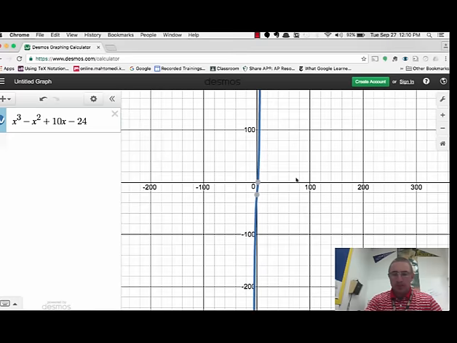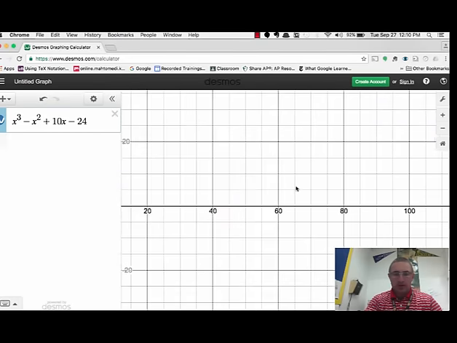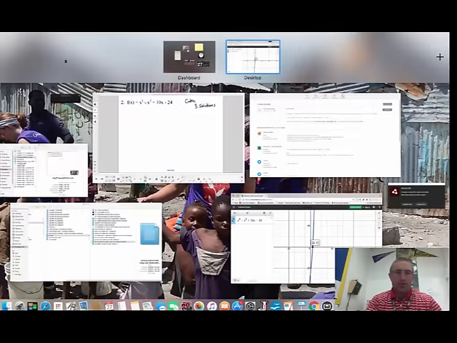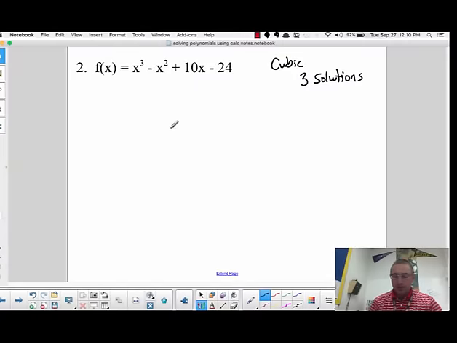It's a cubic. I can see that it does cross the x-axis somewhere. Okay, at 2. Okay, crosses at 2. So I know that's one nice solution. Okay. So from my calculator, I know that I have one nice solution, x equals 2.